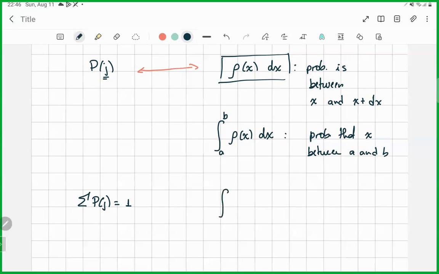The integral of this probability density, as we call it, should be 1. The sum here we had put from 0 to infinity in the case of ages. The integral here, we are going to put, for example, from minus infinity to infinity, covering the whole possible range.